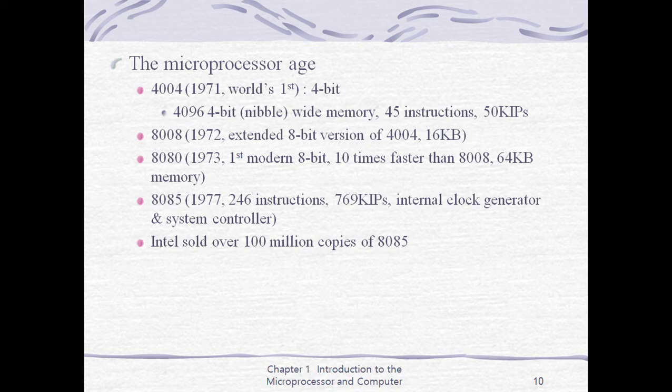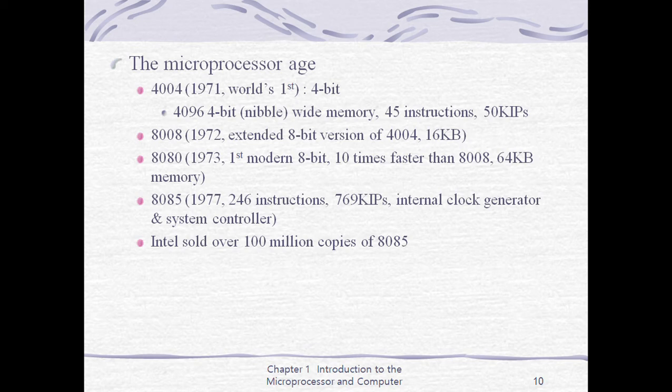It could execute 50,000 instructions per second, which is again very low as compared to the modern microprocessor, but at that time it was so fast. And compared to the ENIAC computer, it was so tiny that it could just weigh an ounce.